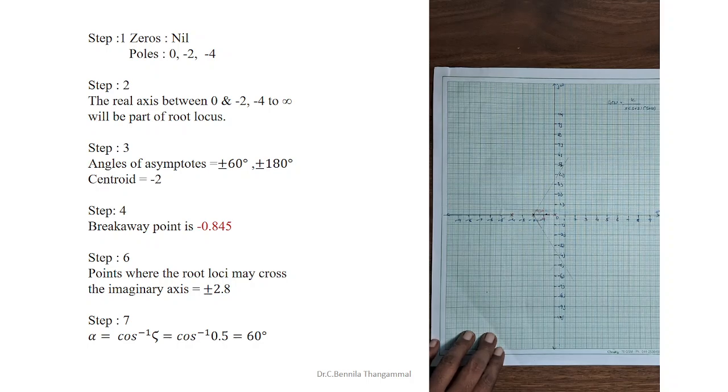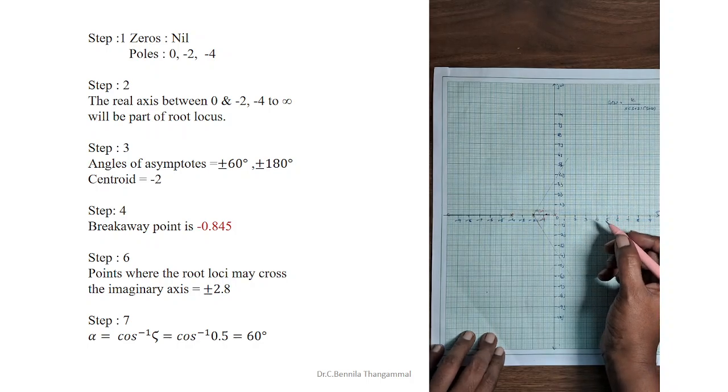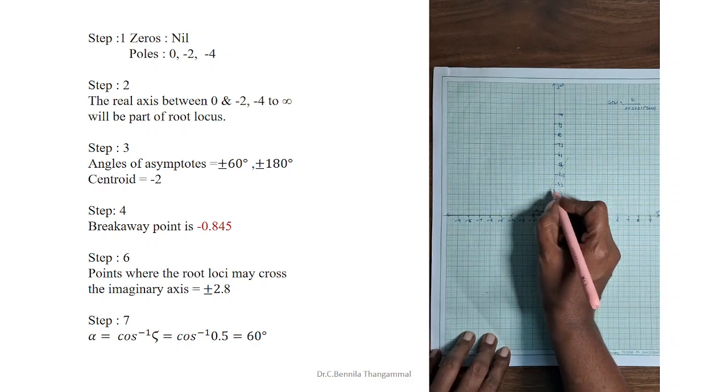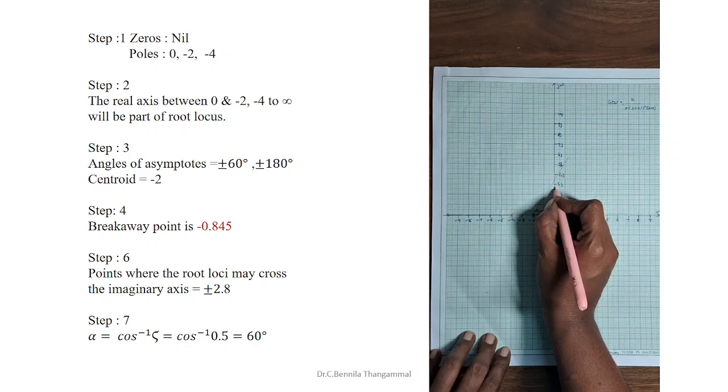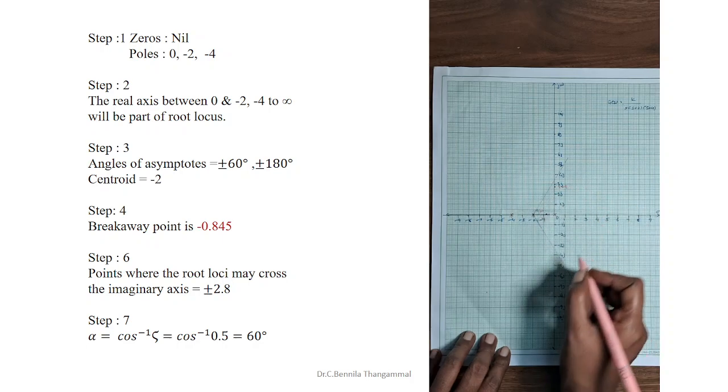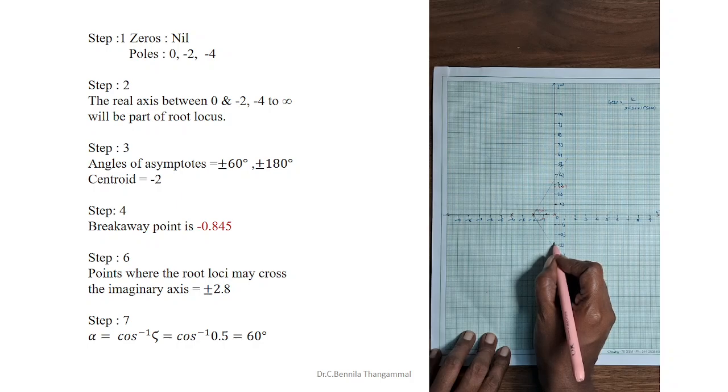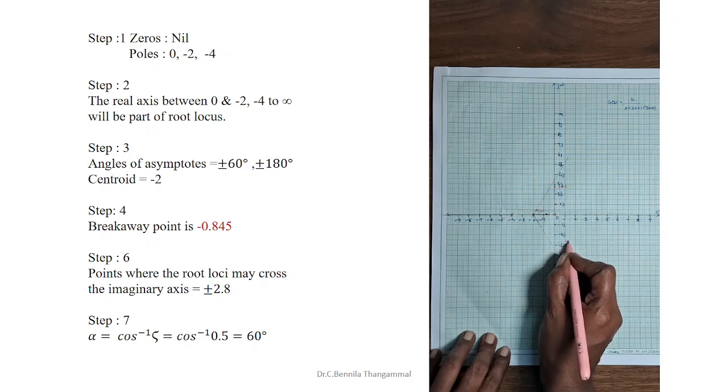Step 6, we found out at which point it crosses the imaginary axis. It is going to be plus or minus 2.828j. Mark that point where it crosses the imaginary axis. It's going to be 2.8. This is 2, this is 3, in between you have 2.8j. So this is 2.82j, and this is going to be minus 2.82j.